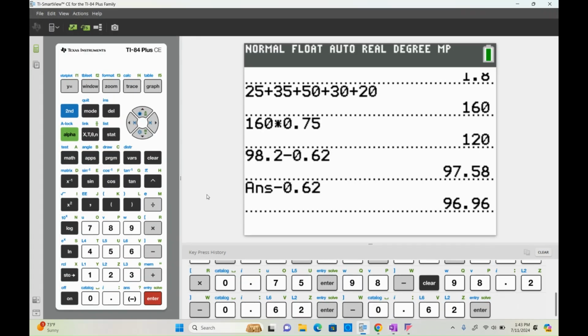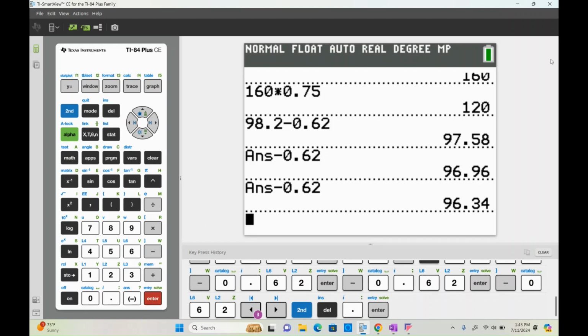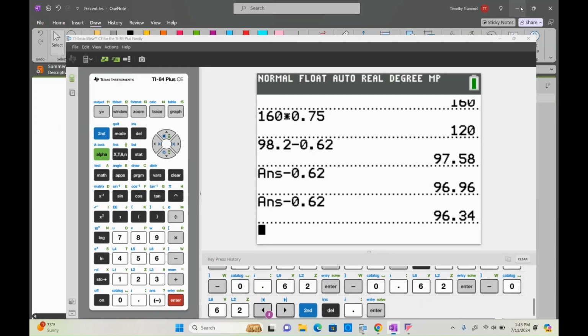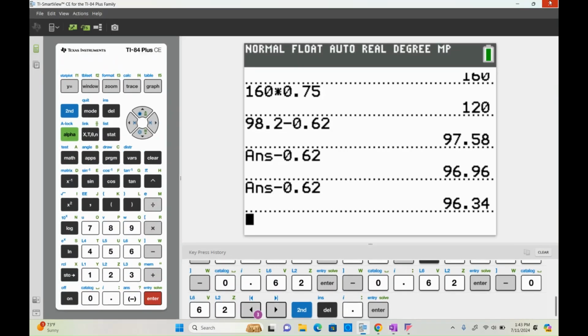I really don't need this one, but I'll go ahead and add it in here too. So minus 0.62. I need to insert a decimal here that I'm missing. There we go. So 96.34 is the last one I'm going to write. 96.34. And let me just double check that.